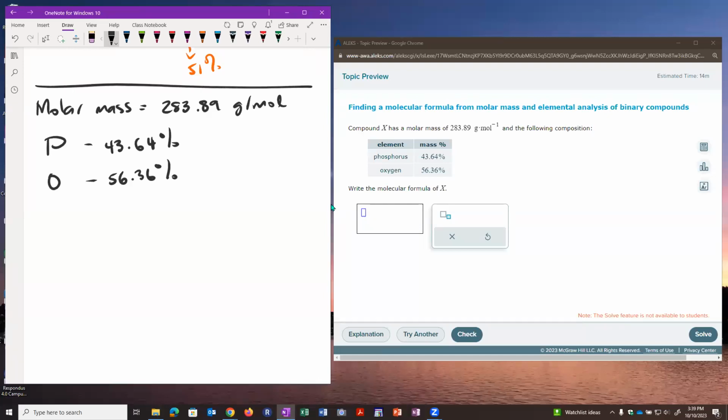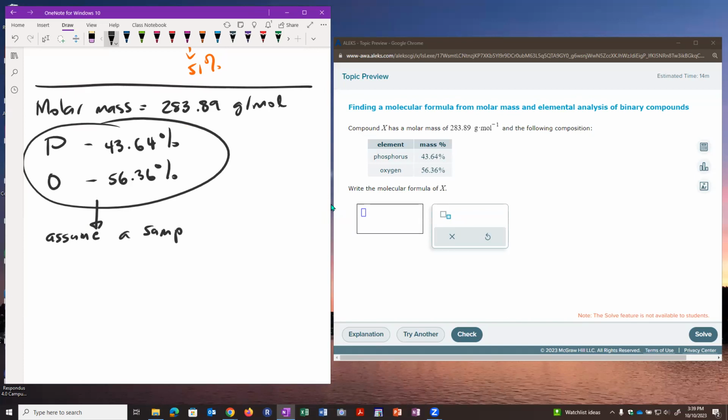Well, we first of all need to convert this information into moles. The best way to do this is to just assume, again, you can assume any sample size, but it makes sense because these are percentages, that the sample size is 100 grams.